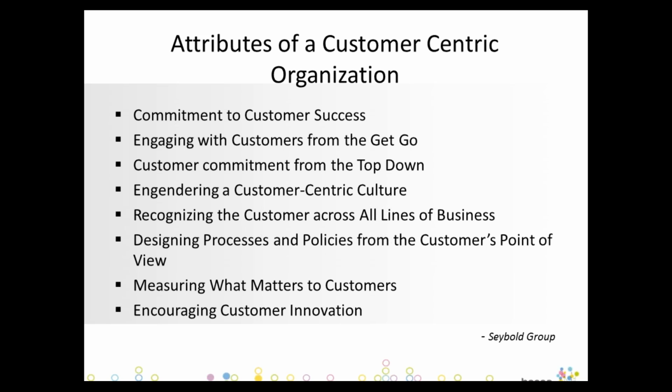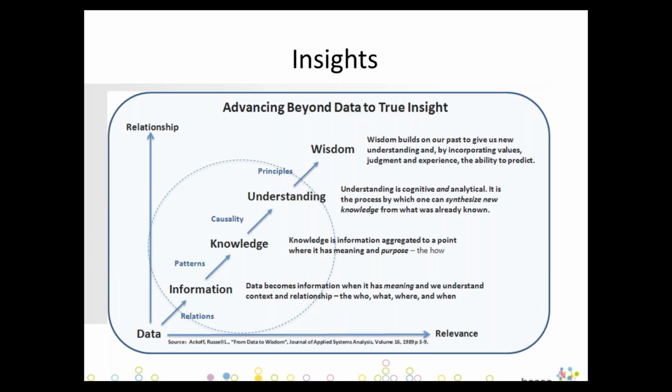All the processes that you set up, all the policies that you set up, the employees whom you hire, the way you train them, the way the service is delivered, the way the complaints are handled, the way new product design or new service design is conducted, the way you innovate. All of it should keep the customer at its core, and you should be trying to engage with your customers and prospects throughout the process. And then we'll briefly come back to the attributes at a later stage.